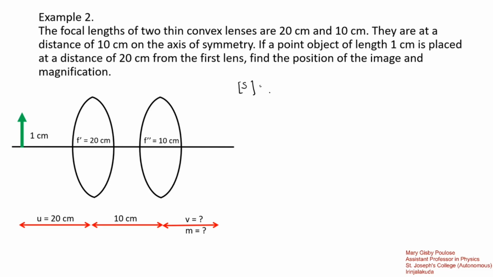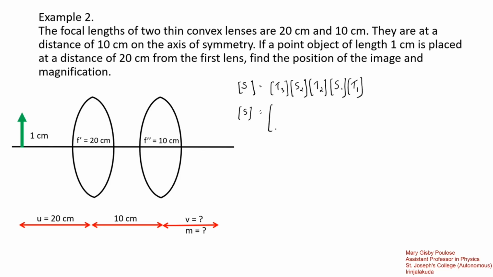So I can write the system matrix of the image plane as matrix T3 product with matrix S2, product with matrix T2, product with matrix S1, product with matrix T1. Right. So let's substitute the values for each matrix.